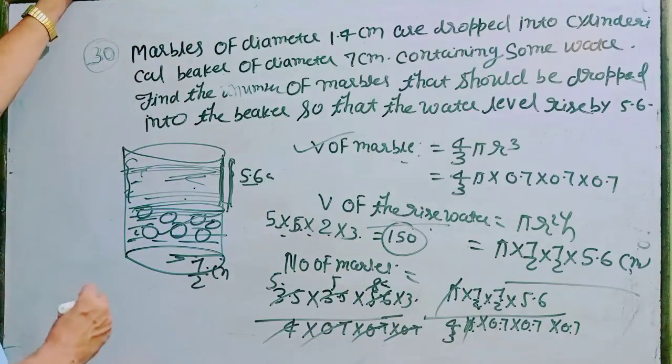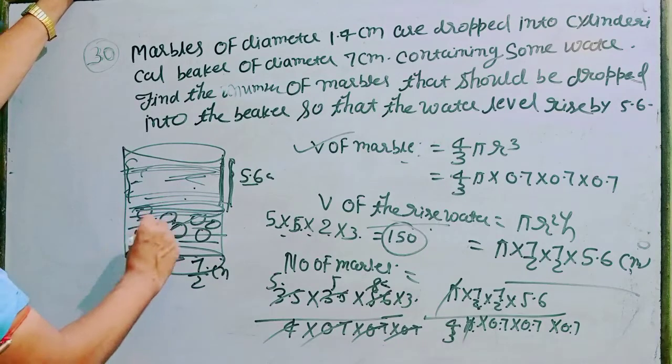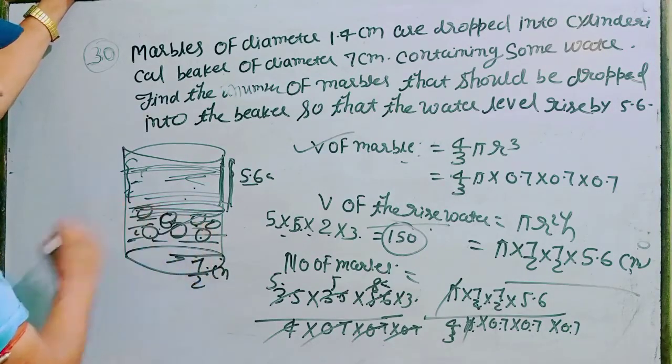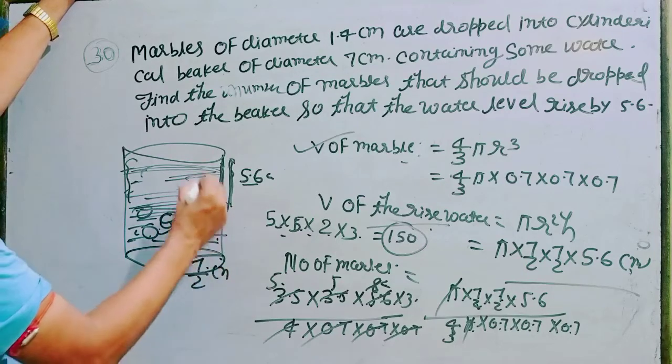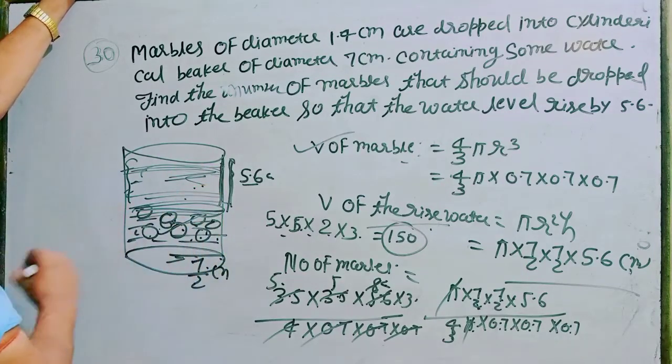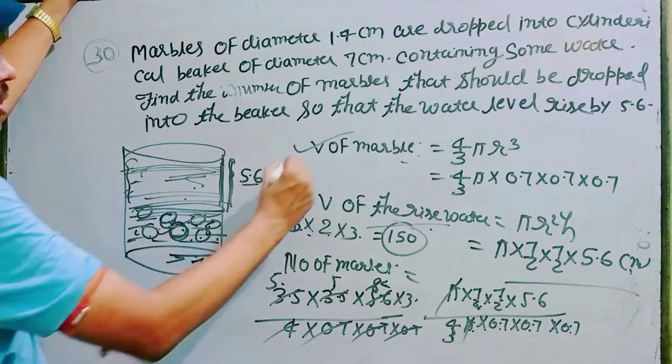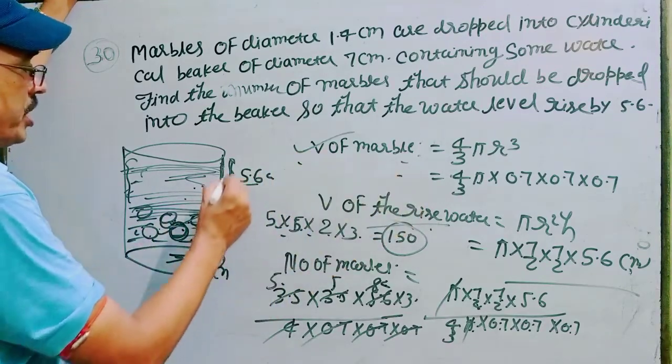So dear student, your question is related to the Archimedes principle, that when a solid is immersed into the water, then the water raised and displaced is equal to the volume of the solid. Here the solid is in the form of a marble, that is in the form of a sphere. So first we find the volume of the marble and then the rise of water.